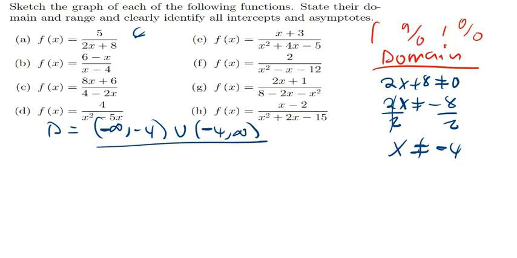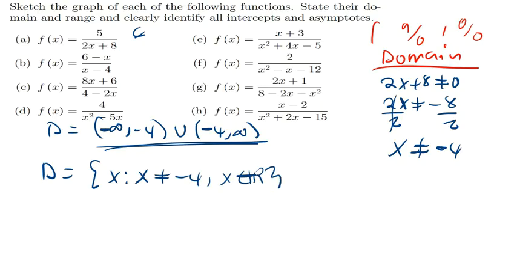Who is behind on how to find the domain? Perfect. Another thing that we need to take note of, guys, is that you can show the domain in interval notation, which is this one, or in set builder notation. The domain: x is such that x is not equal to negative 4, where x is a member of all real numbers, just like that.